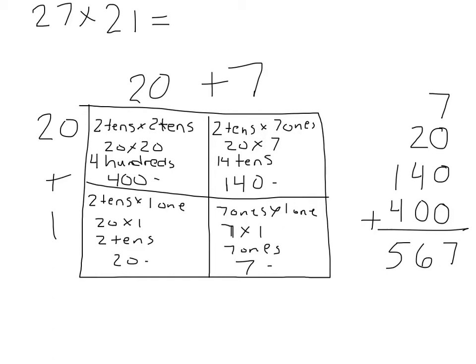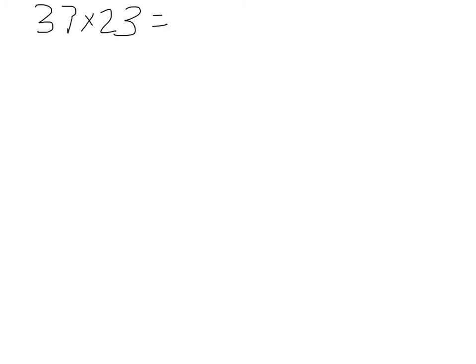The next way I'm going to show you is partial products, and this would be using an equation to solve your problem. So if I had the problem 37 times 23, I would write it, the book shows like this: 37 times 23.